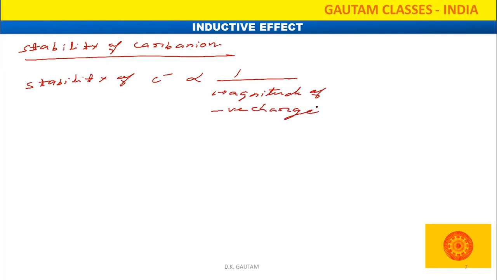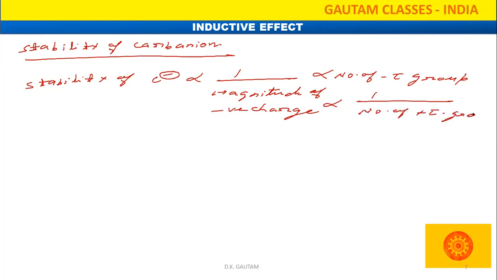So beta, what do we mean by the negative charge? If negative charge is present on any atom, that means electron density is present. So if any group is directly attached to the carbanion, those having the tendency to withdraw the electron density will definitely decrease the magnitude of negative charge. So the number of minus I groups will increase the stability of carbanion, but the number of plus I groups will decrease the stability of carbanion.